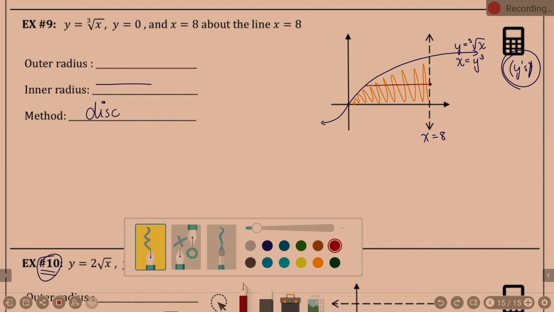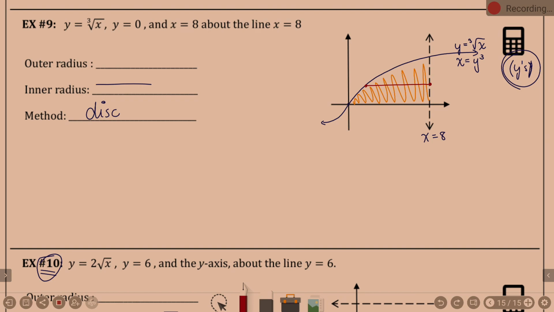By the way, this is what I'm rotating about, yes? Okay, so what is that? 8 minus what? Y cubed. Y cubed, because we have to work in terms of y's because we're doing a y-axis.